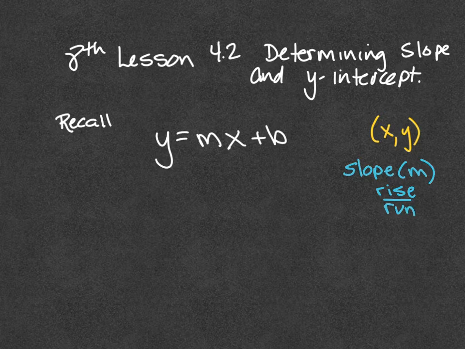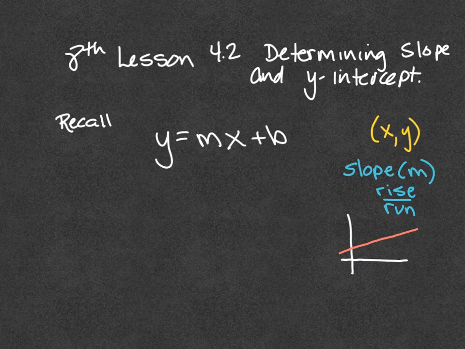So if I had a graph and there was a line on my graph, I could look and see what the slope m is by choosing a point on the line and then choosing another point on the line, finding out how much I had to rise to get to that point and then how much I had to run to get to that point. Rise, run. And so once I found out what those numbers were, that would be my slope m. Usually as a fraction because you've got the rise number over the run number.